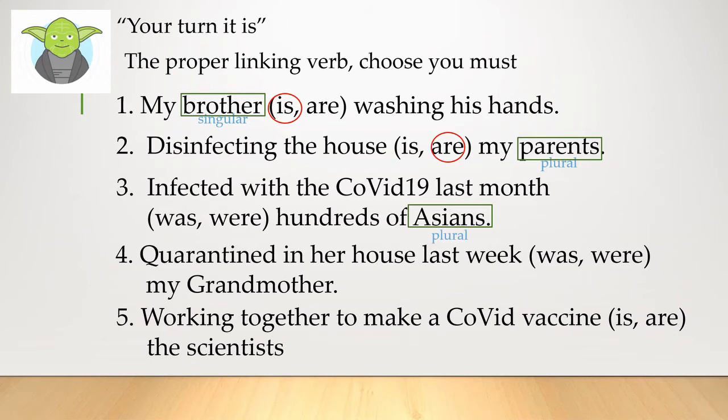Indeed, plural is the answer. So, the correct linking verb in this sentence is were, because it is the past form of the sentence. So we read it as: Infected with the COVID-19 last month were hundreds of Asians.